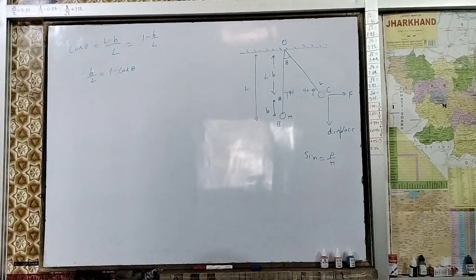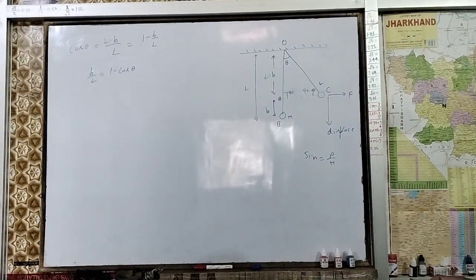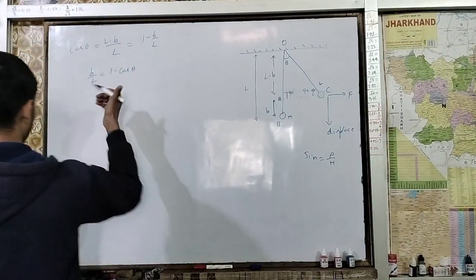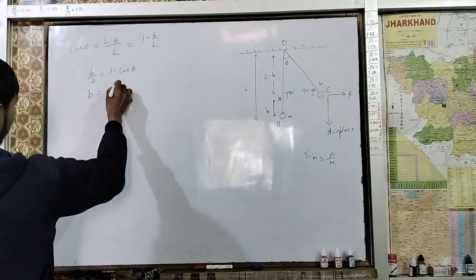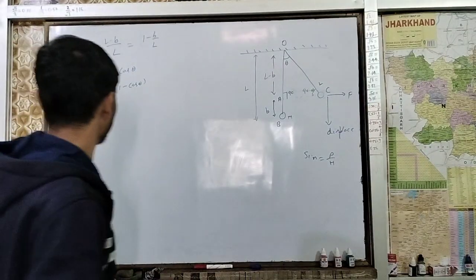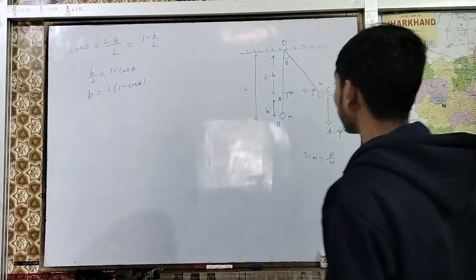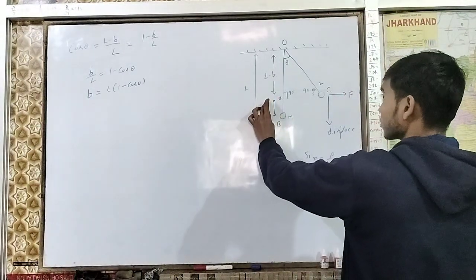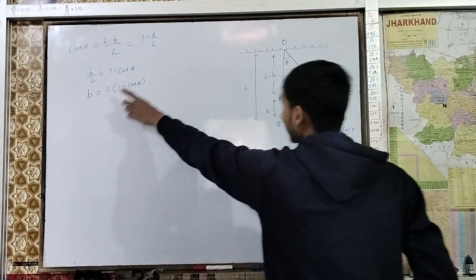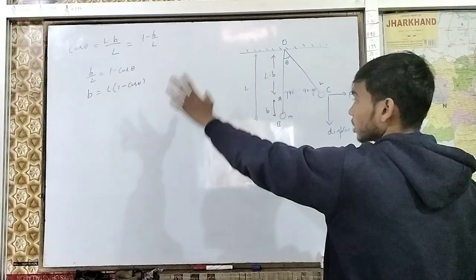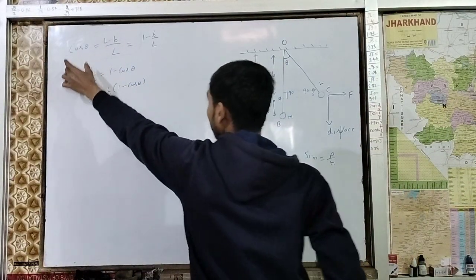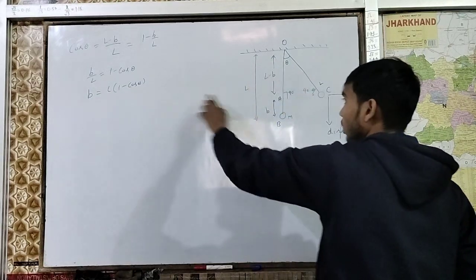So b will be equal to L into 1 minus cos theta. We just want this displacement, and to calculate it we got this equation, which is L multiplied by 1 minus cos theta. How did it come? We started from here and reached here to calculate b.